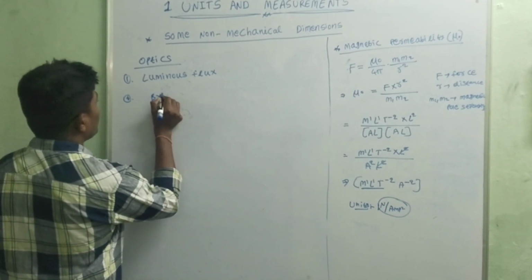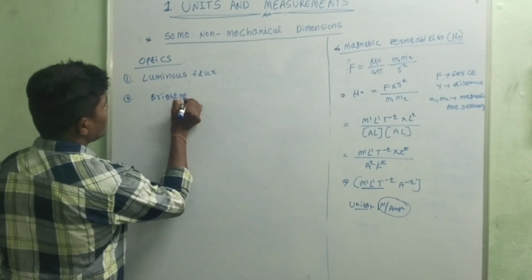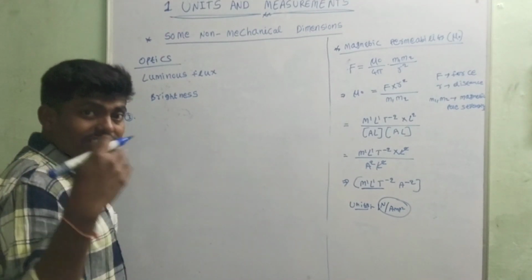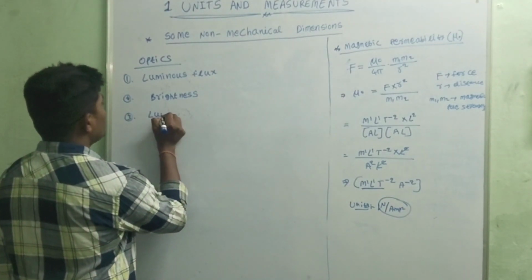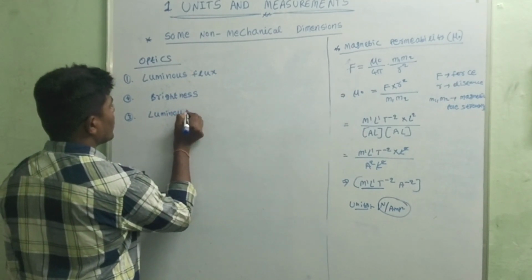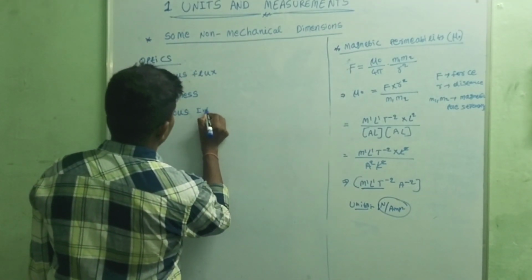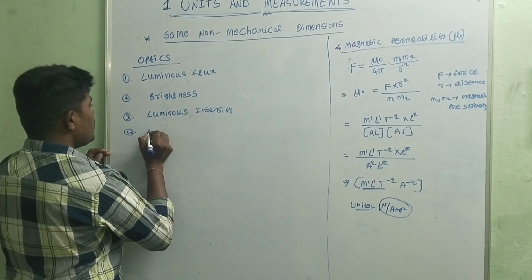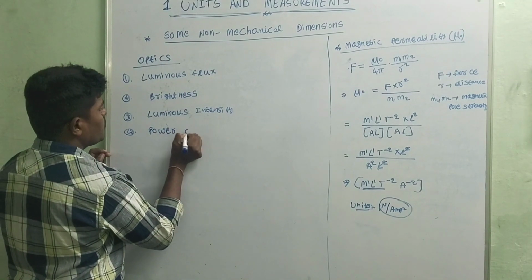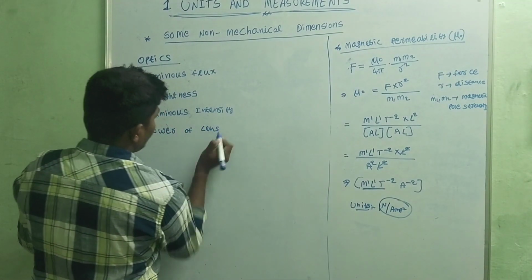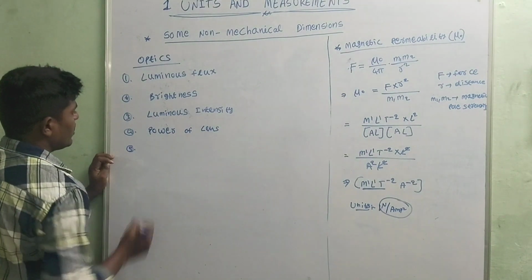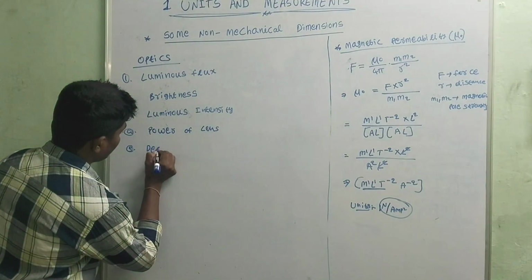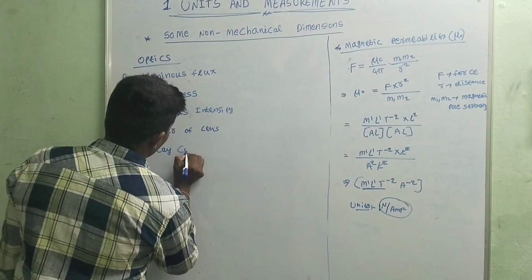Next is the dimensions of luminous intensity. Next, the dimensions of power of lens. And also we can write the dimensional formula of decay constant.